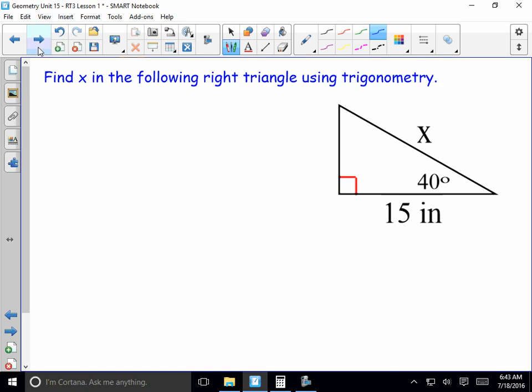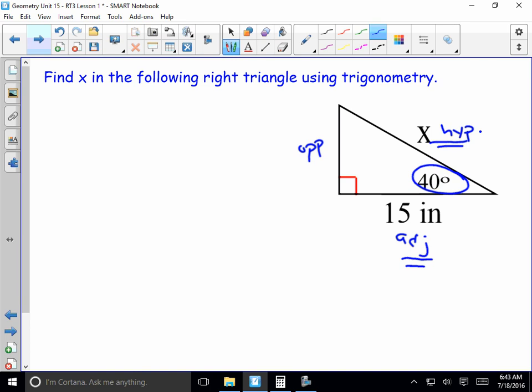Okay, now, how can we use trig functions to find a missing value? Okay, so we want to see, where are we referenced? Where are we standing at? We're standing at the 40-degree angle. So we're going to label our triangle based on that angle. Okay, and you only want to use what you're looking for and what you know.